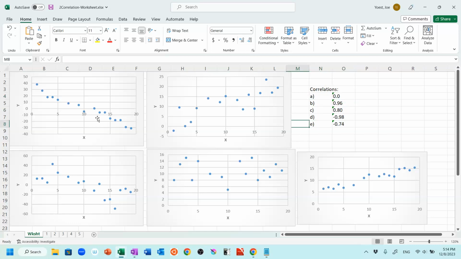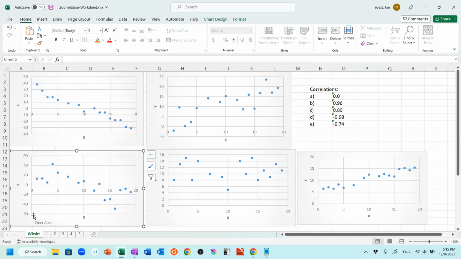If I do that axes in the middle trick, picking a point in the middle of the data in the top left here, something like x equals 10, y equals 10, and draw 2 axes there, I note that I have a lot of data in the top left and the bottom right, not much in the top right and bottom left. So that indicates a negative correlation.